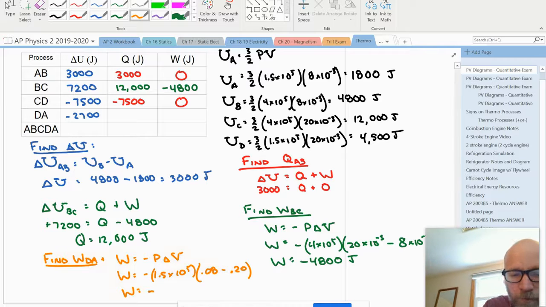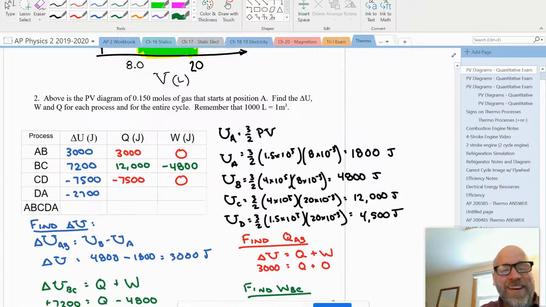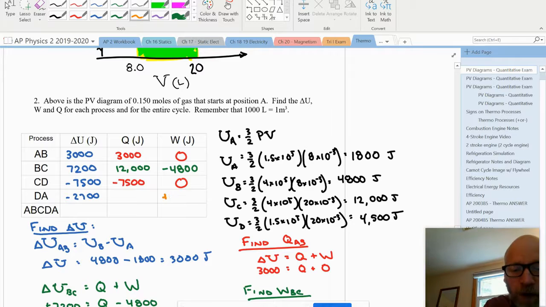I got the work done is positive 1,800 joules. So work done is positive 1,800 joules on the gas.